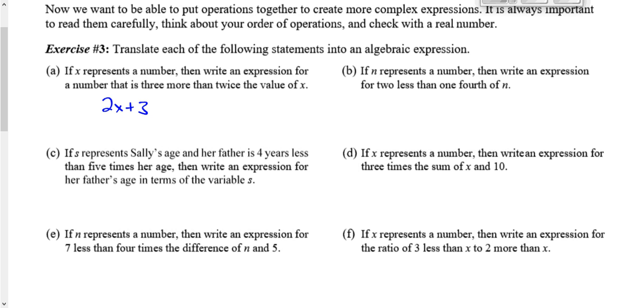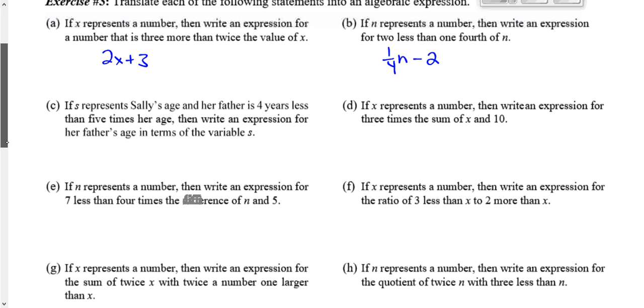Yeah. 1/4 n minus 2. So you got to think almost like in reverse, right? You want 2 less than something. Well, what's the something? 1/4 of n. So you got to start with that. And then 2 less than that would be minus 2, right? Okay. Everybody get C yet? No.